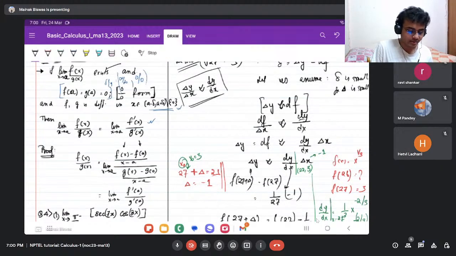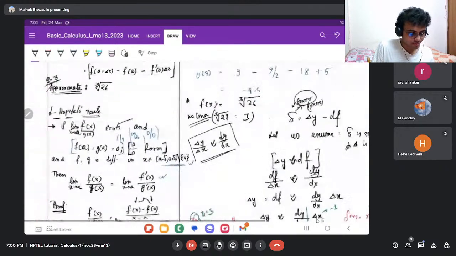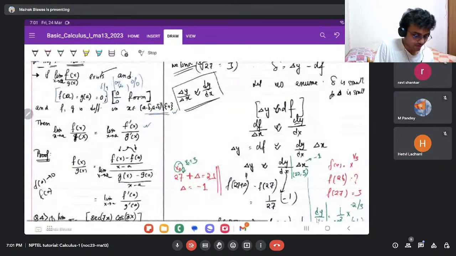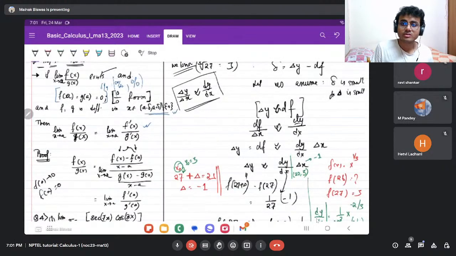So f of x tends to 0. And f of a is 0, for your information.